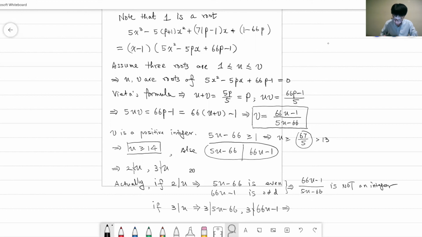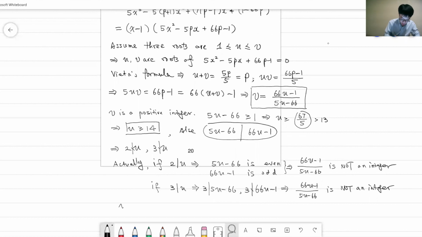So we know that this is not an integer. Okay, that's why u cannot be a multiple of 2 or a multiple of 3. So u is larger equal to 14. So u cannot be 14, cannot be 15, cannot be 16. That means u is larger equal to 17.